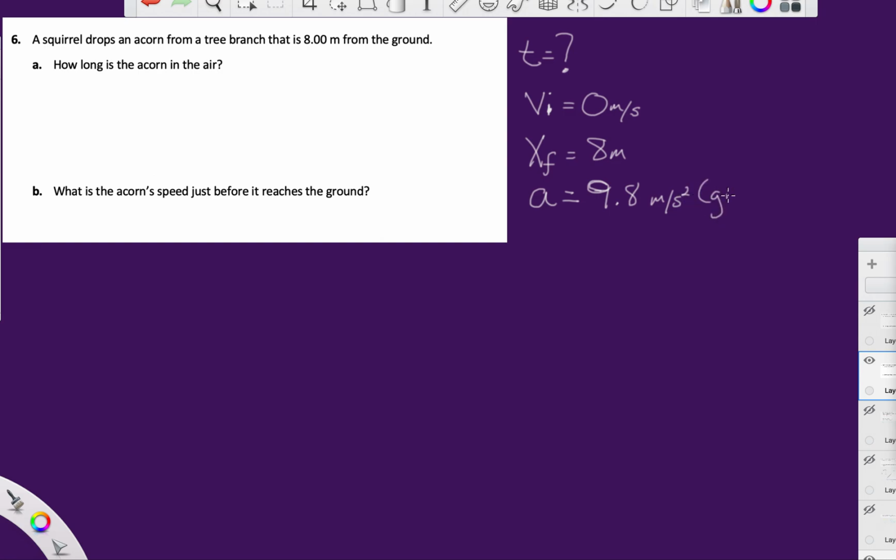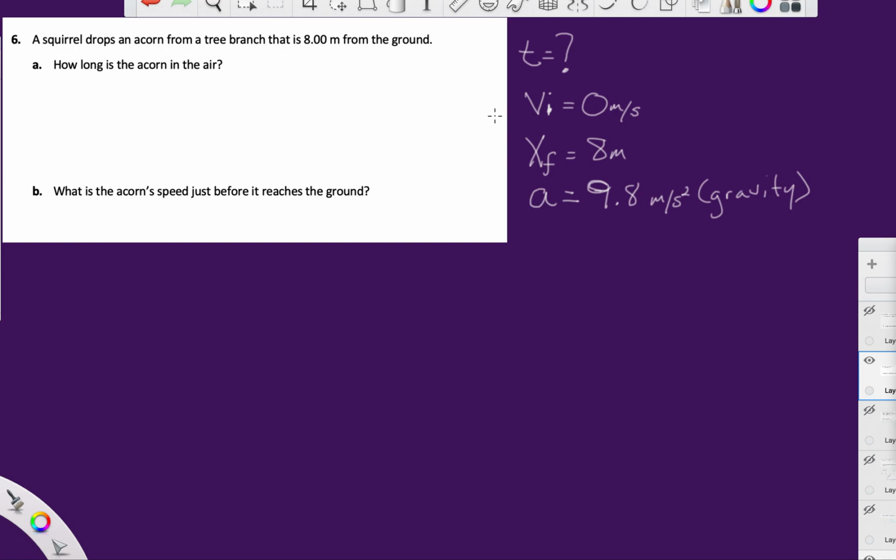Gravity. Okay, so we're obviously talking about free fall, so here we go. Since we know our final displacement and we know our initial velocity, there are a couple of ways that we could do this. We could use either formula solved for time.